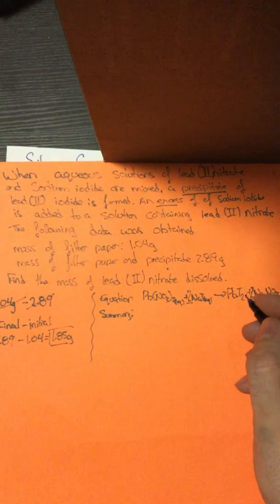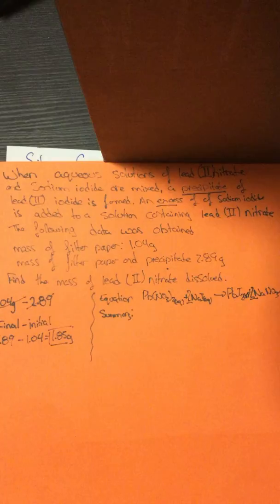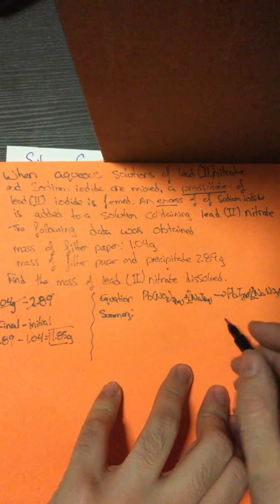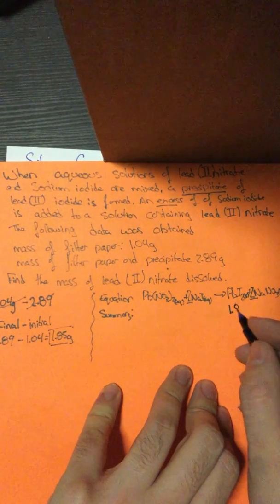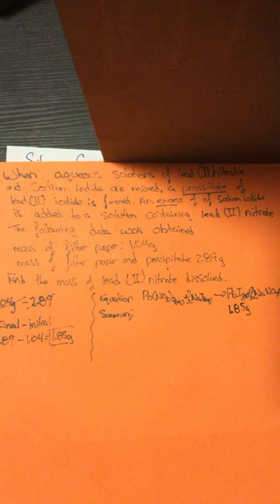This is not going to be a solution because NaNO3 has to be one. They are the two members of the most soluble area of our solubility chart. So this is going to be our precipitate, 1.85 grams. Now this can all seem a little bit heavy on the front side just because there's so much interpreting that needs to be done. But if you follow step by step, it's really not that bad.